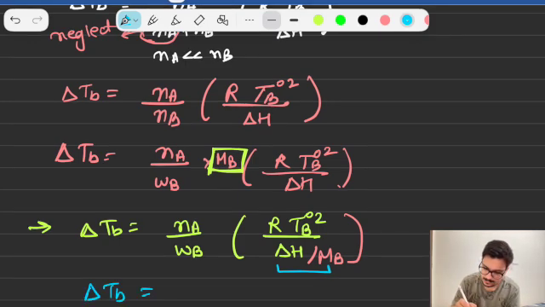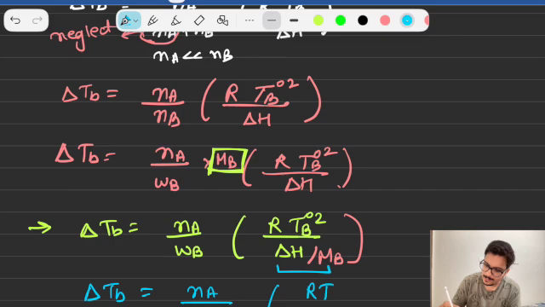So delta TB is equal to moles of A upon weight of B, which is solvent, R times T naught B square upon latent heat of vaporization.